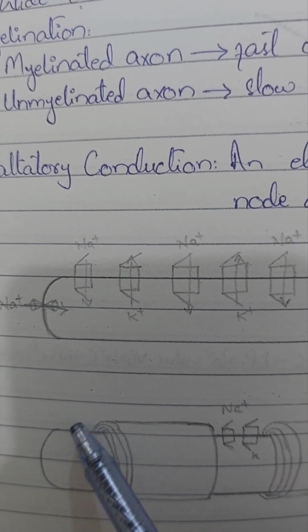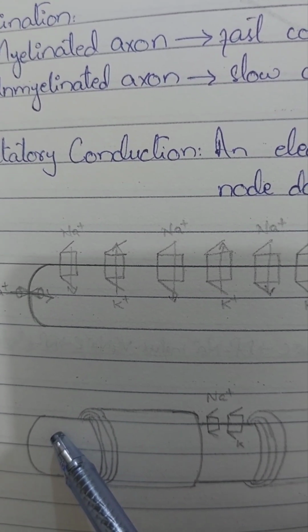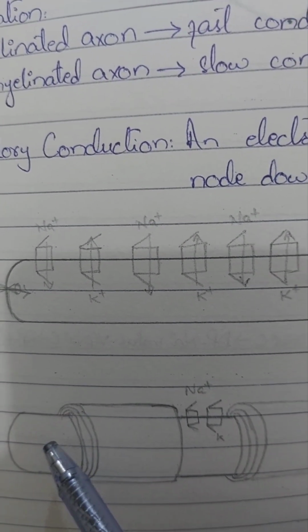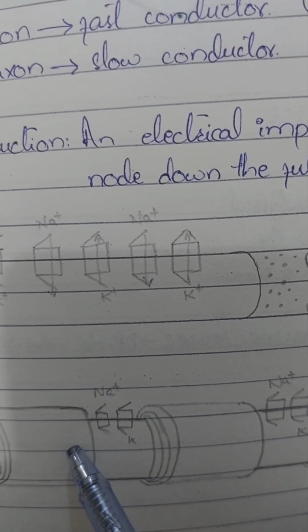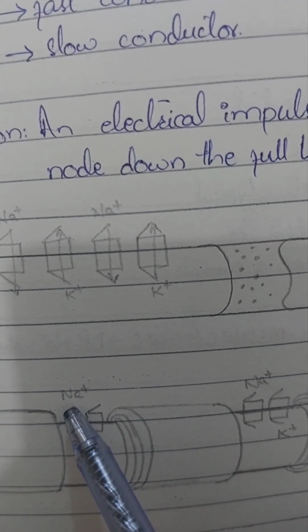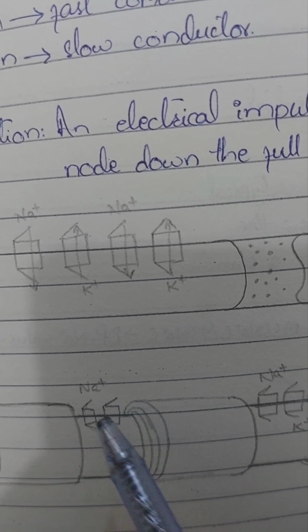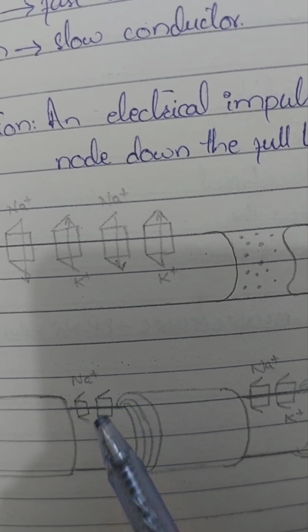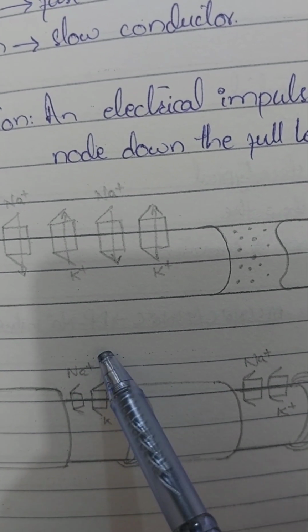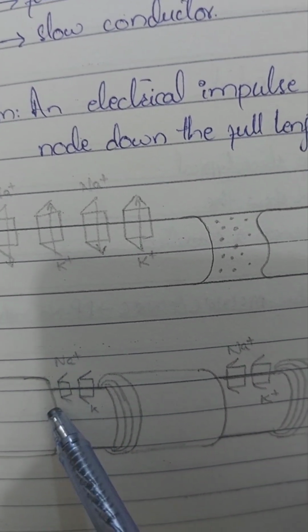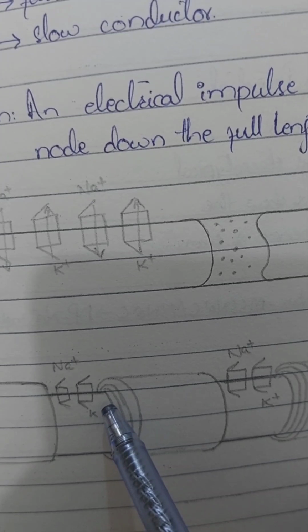So when there is a stimulus, depolarization and repolarization occur. Sodium moves across the axon, and at the unmyelinated area, the node of Ranvier, depolarization and repolarization occur.